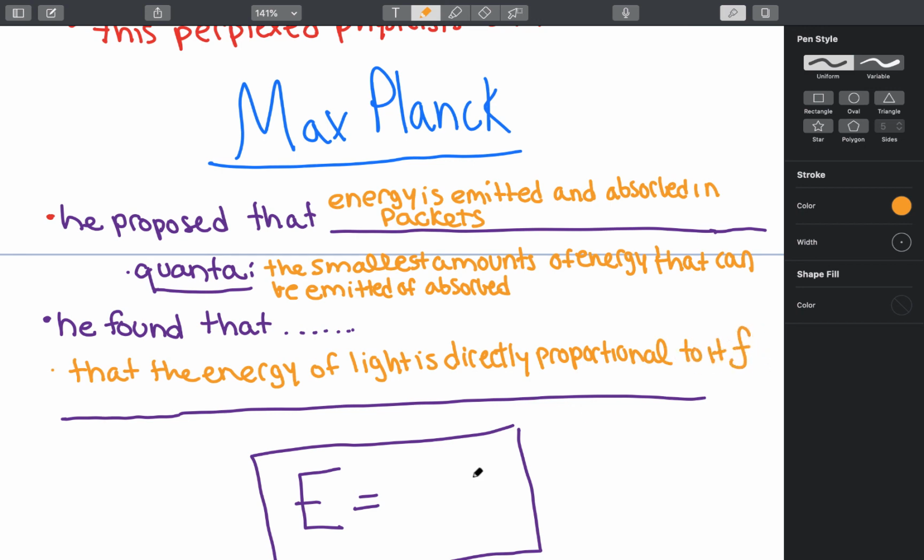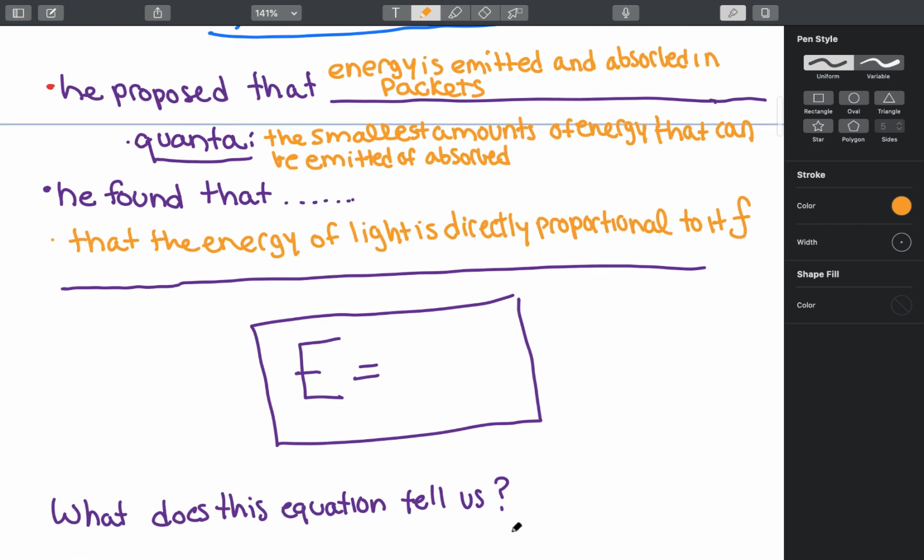So he found that the energy of light is directly proportional to its frequency. After a lot of derivations, he came up with this equation, that E is equal to h times f. So h is actually called Planck's constant.